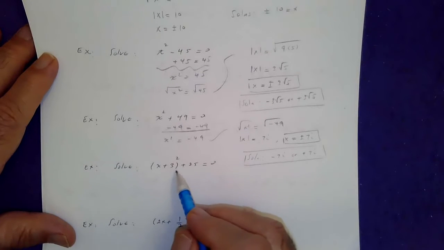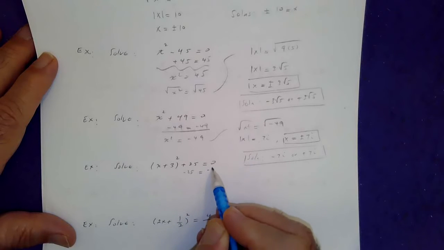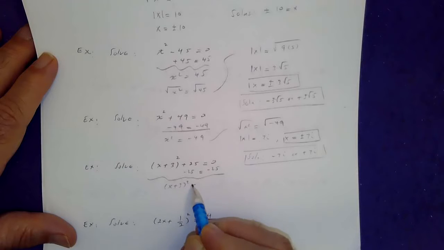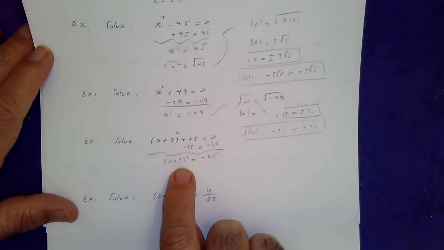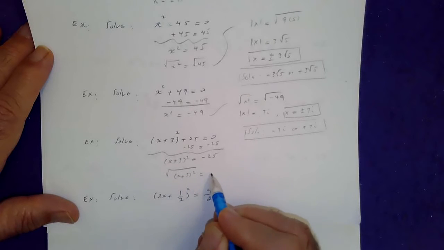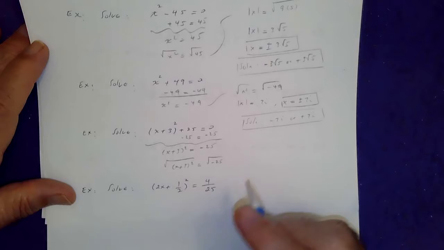The next problem is x plus 3 squared plus 25 equals 0. So subtract 25. So you get x plus 3 squared equals negative 25. So isolate the square term and then take the square root. And when you do, once again, notice I have a negative number under the square root.